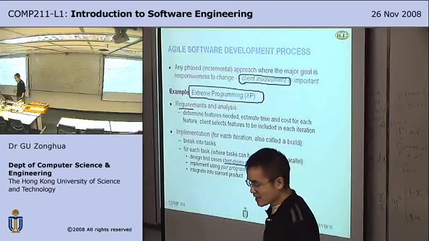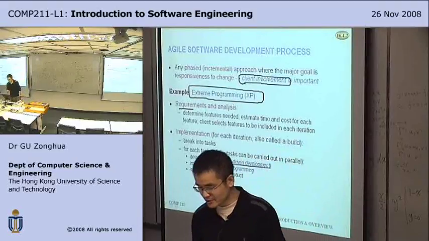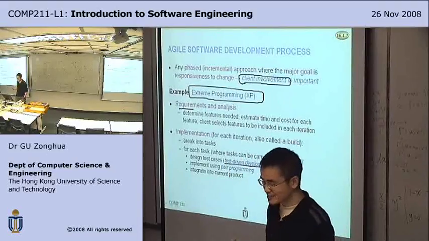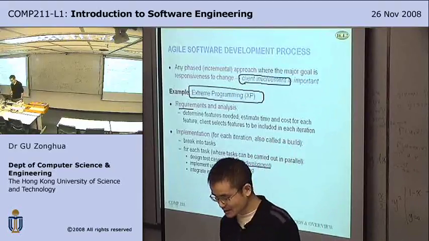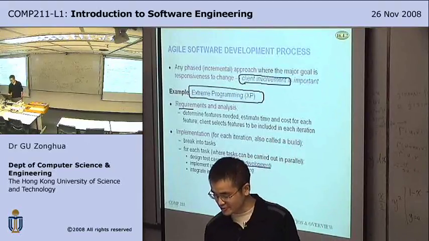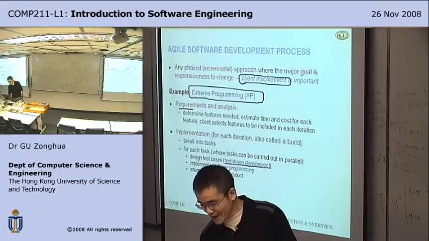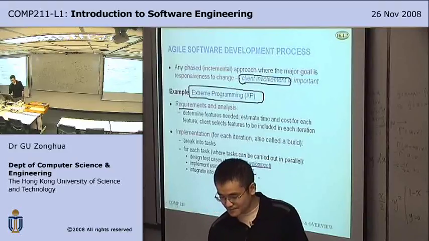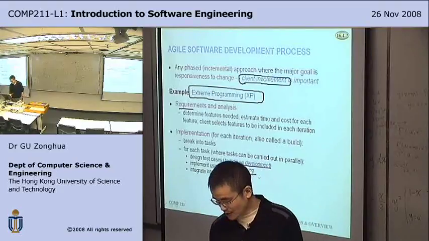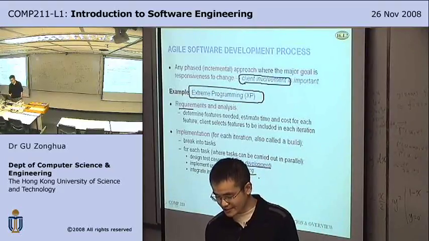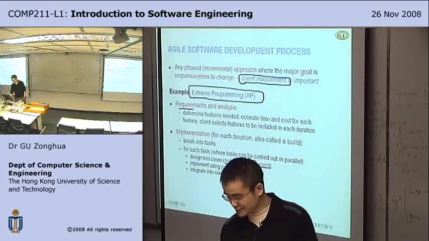Instead of doing the development first and designing test cases in the testing stage, like in the waterfall process, here you're designing the tests concurrently with the modules. And you're using pair programming. That is, you have a developer and tester paired together.